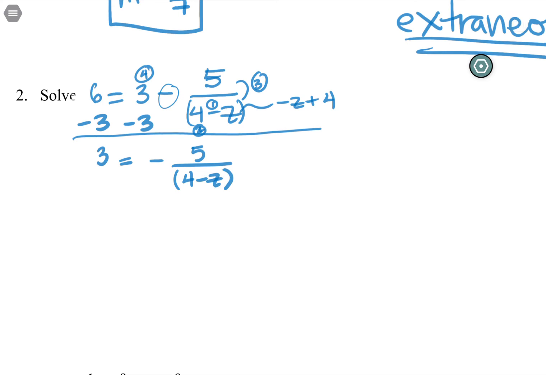The second to the last thing was the division. So I'm just going to mentally hook this negative sign to the 5. Remember, with a negative sign out in front, you can move that to the top or the bottom. The only thing to be careful about is if you move it into the bottom, you need to distribute it. So if I want to undo this division that put my variable in the denominator, I would do it by multiplying, the inverse operation, by 4 minus z.